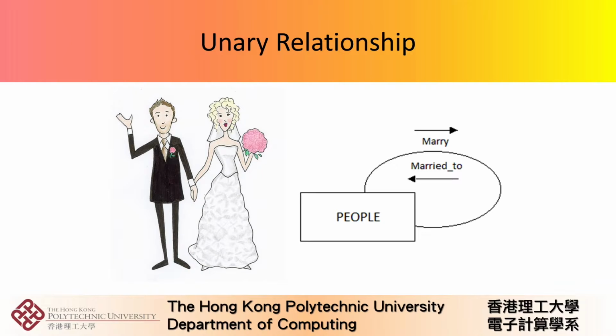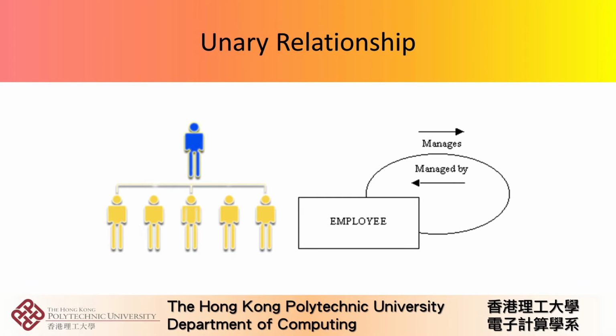In the case of marriage, people are the entity, shown in the rectangle, and people have a marital relationship, one-to-one. Therefore, the relationship should be labeled married or married to. In the case of employment, employee should be the entity.